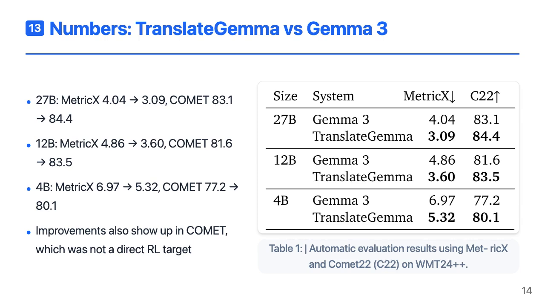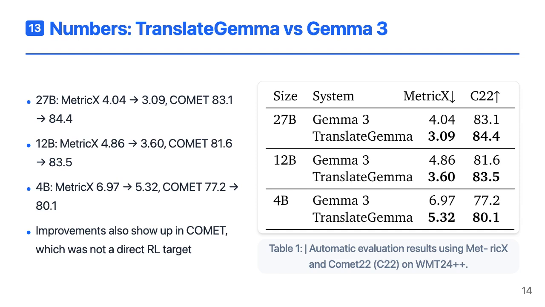For the 12 billion model, MetricX goes from 4.86 down to 3.60, and COMET from 81.6 to 83.5. For the 4 billion model, MetricX improves from 6.97 to 5.32, and COMET from 77.2 to 80.1. These are substantial relative gains.